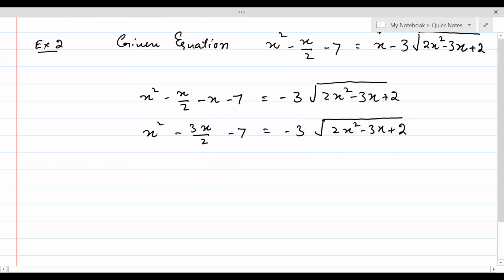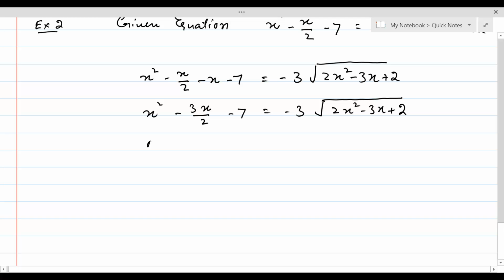And now let's multiply 2 on both sides of the equation.